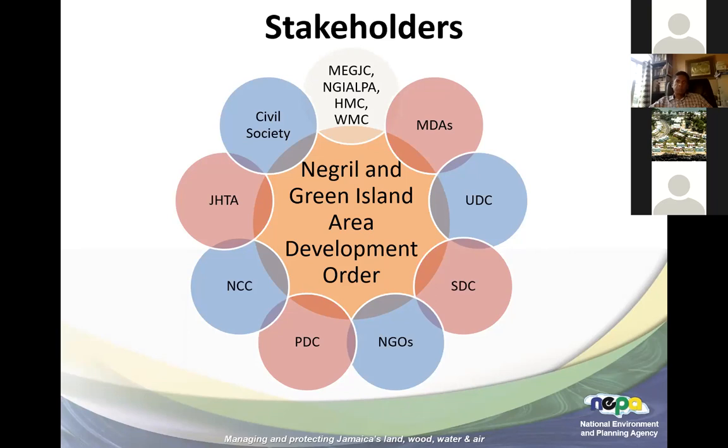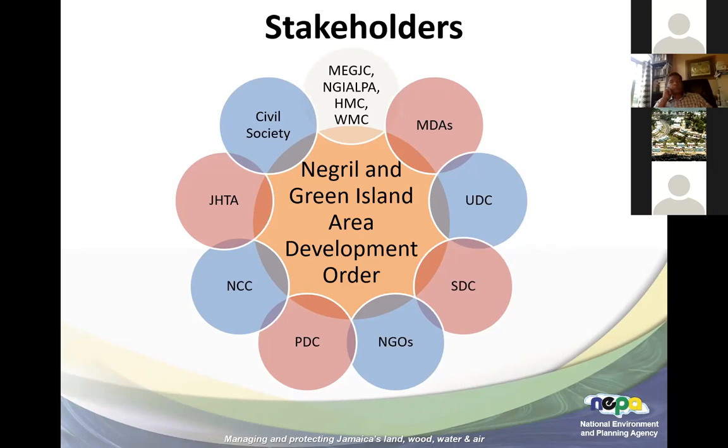The Urban Development Corporation, which is a significant landowner within the order area, especially within the Rutland Point, Ireland Pen area. There's also the Social Development Commission, who we would look to in terms of mobilizing the various community groups and citizens associations, etc., to get the information out, and to also solicit their comments and feedback.